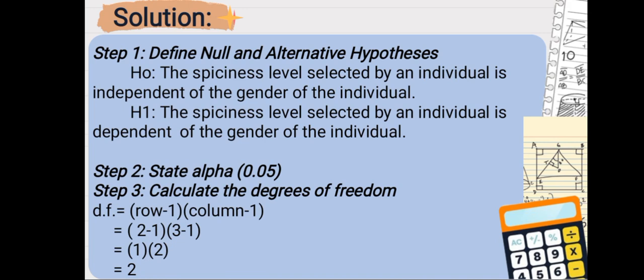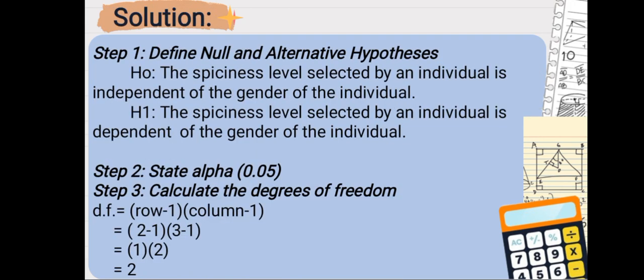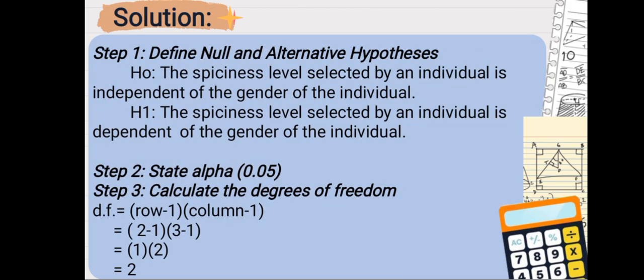The rows are male and female, so two. The columns are mild, medium, hot, so three. Then 2 minus 1 equals 1, then 3 minus 1 equals 2. So our DF here equals 2.